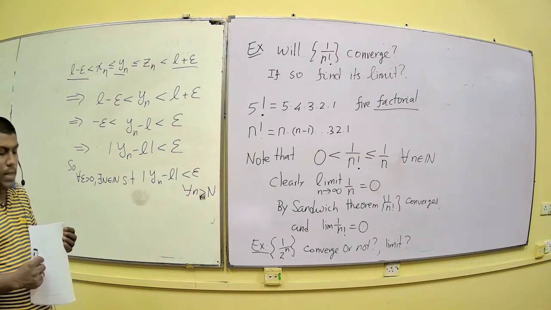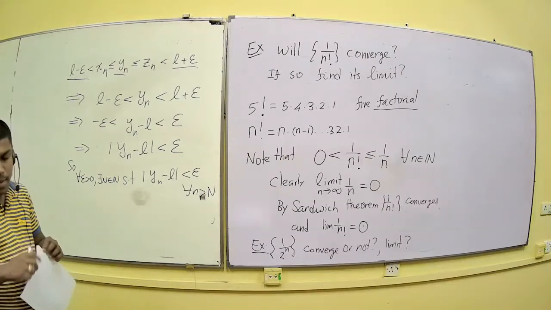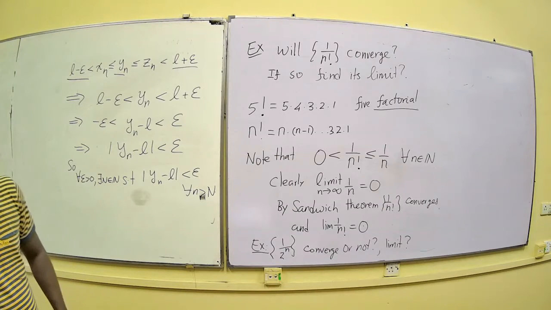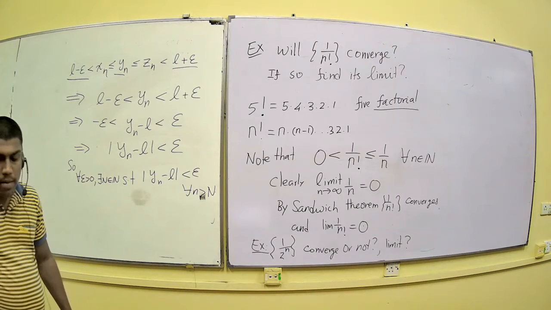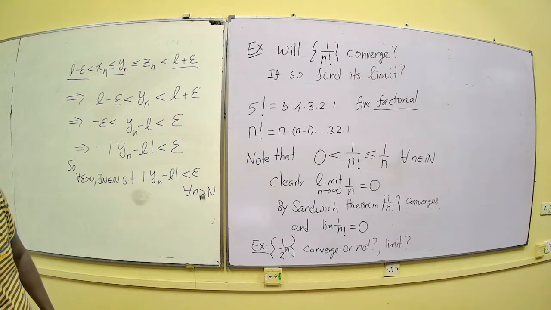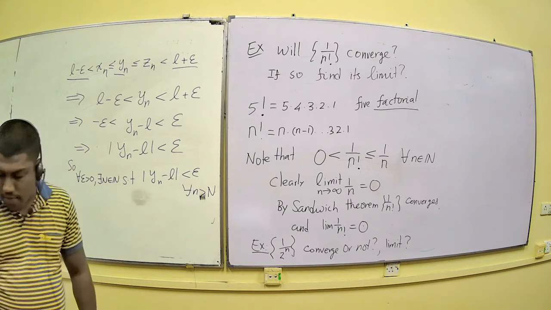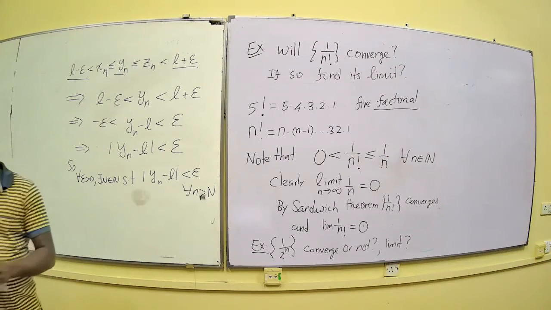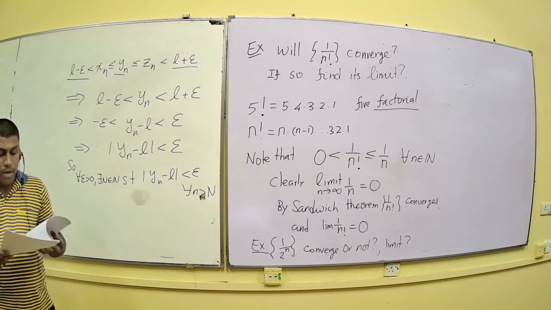If it converges, what should be the limit? You can apply the sandwich theorem to this again to see the limit of the sequence. And so that is about the sandwich theorem, which can be used to find the limit of a sequence.